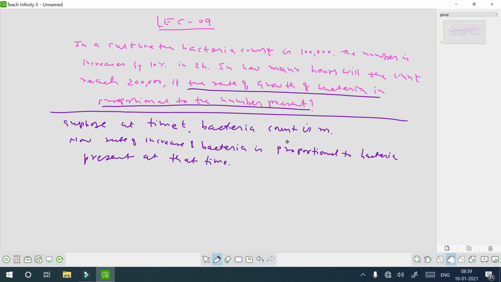That is given. So dn by dt is proportional to n. So dn by dt is equal to kn, k greater than 0, and bacteria increases, so we have to take positive sign.